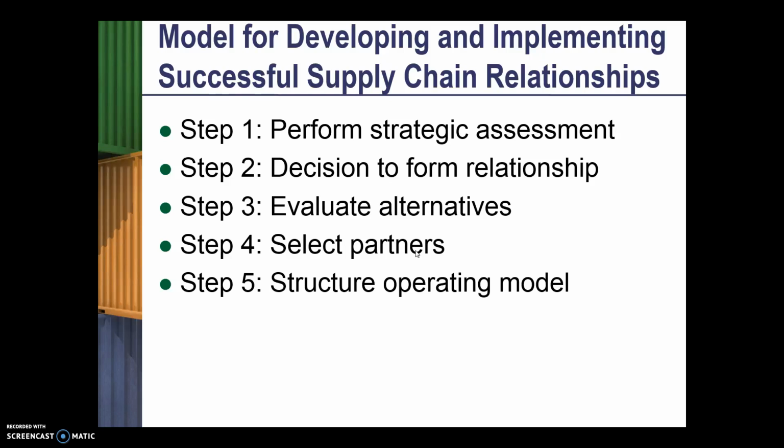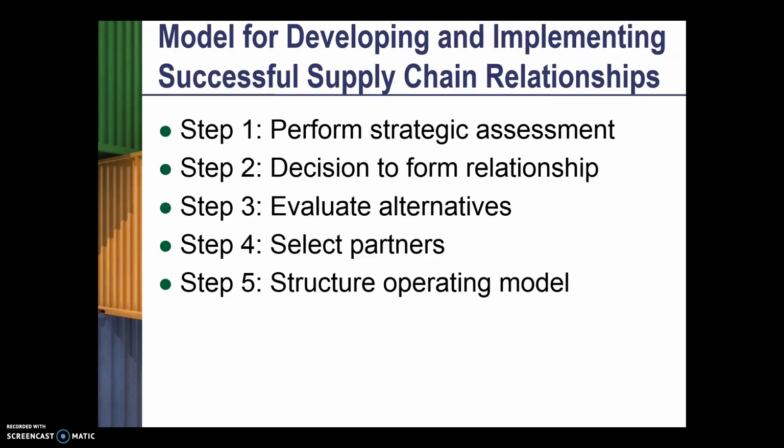And we have the model for developing and implementing successful supply chain relationships. So we have to look at a couple of things. Be able to perform strategic assessment. And in that step, you have to make sure you know the process by which the manufacturer becomes fully aware of the logistics and supply chain needs.